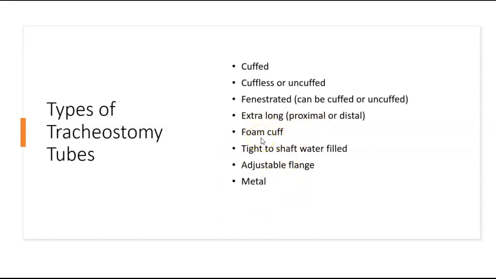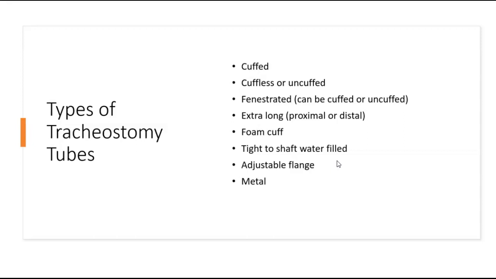There are some tracheostomy companies that make trachs with a foam cuff that helps patients who have existing tracheal trauma. Those are usually your Bivona trachs; some other types of trachs use foam cuffs too. There are trachs that have the special tight-to-shaft water-filled cuff that also helps with reducing airflow resistance and facilitates weaning.